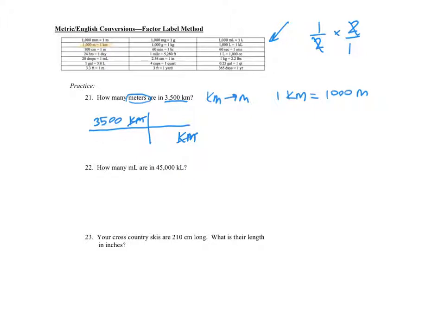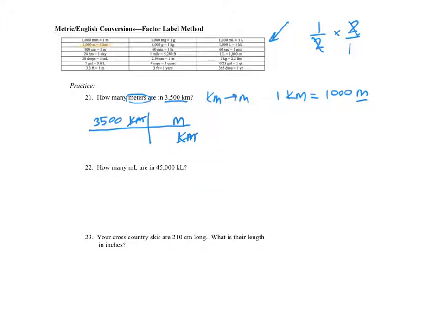Notice I did not cross out the number, because there is no 3,500 on the bottom. You're going to look at the units for the crossing out. The units are going to tell you what goes on the bottom and what goes on the top. So now that I have kilometers on the bottom, I'm going to put on the top what I'm looking for, or what I'm going to try to get my number to convert into. In that case, it's my other unit, the meter, that goes on the top. Notice the only thing I have written in this tic-tac-toe board now is units. I don't even do the numbers yet. The numbers are kind of secondary.